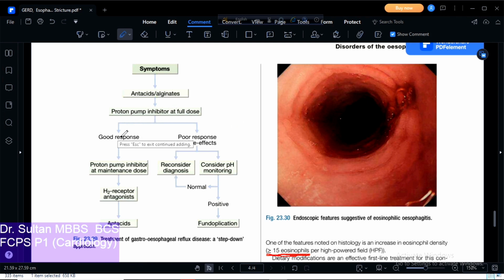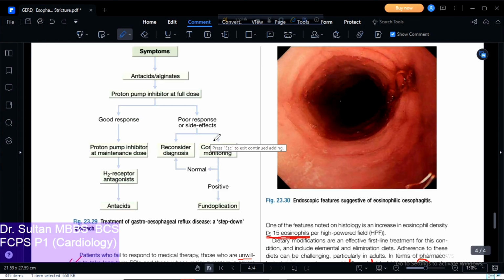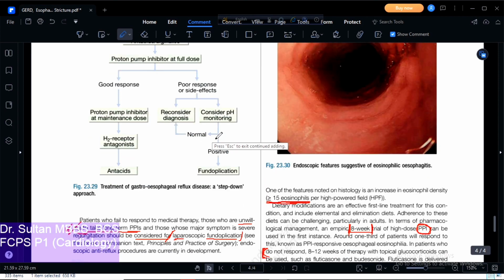If they have a good response, you can step down to the proton pump inhibitor at maintenance dose, then switch to H2 blocker and then antacids. If they have poor response or side effects, or they are not willing to take the medical therapy, you can do the fundoplication.